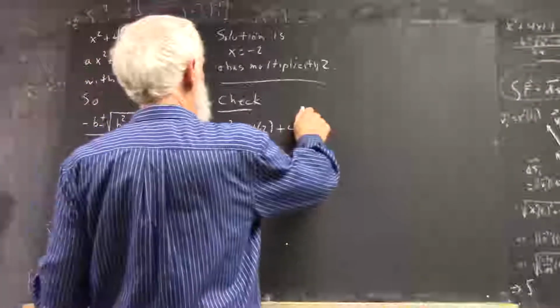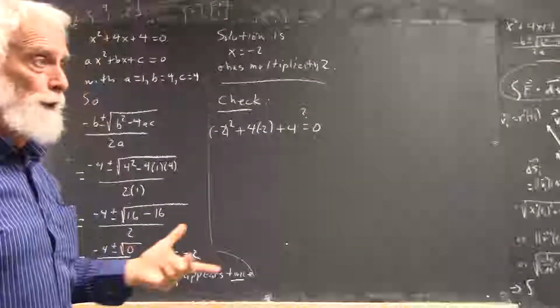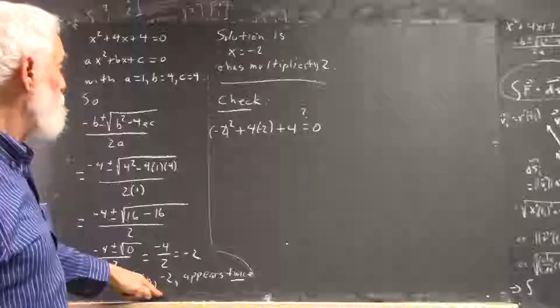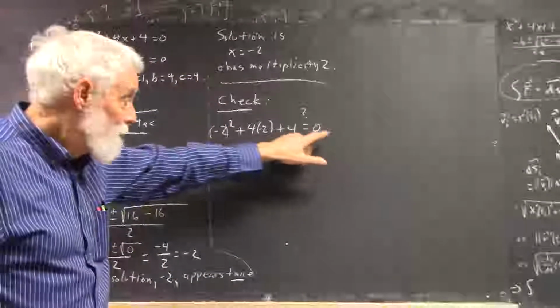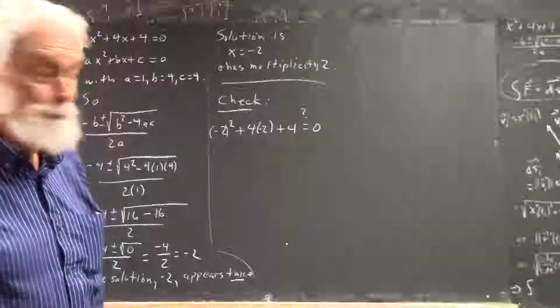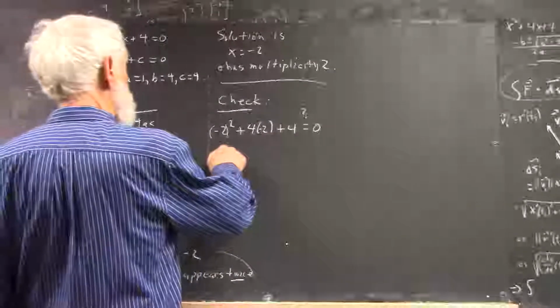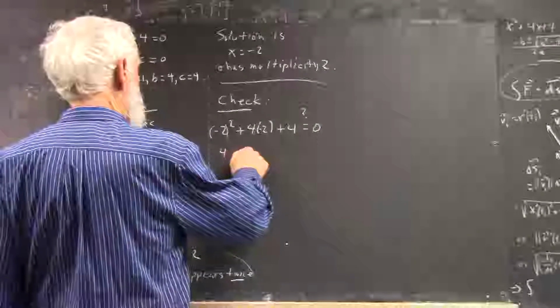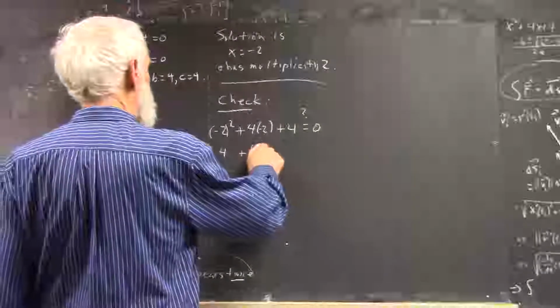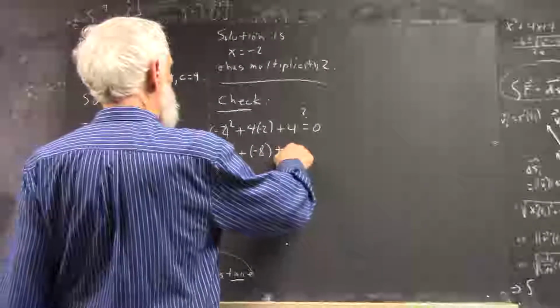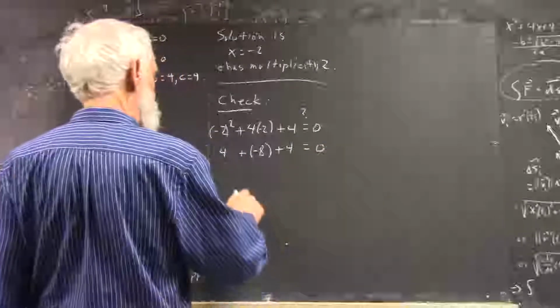Put a question mark over that equal sign, because we know that if this is a solution, then when we plug it back in here, the two sides have to be equal. Well, negative 2 squared is 4, and this is plus negative 8 plus 4 equals 0.